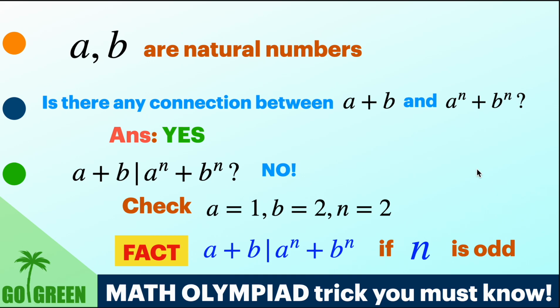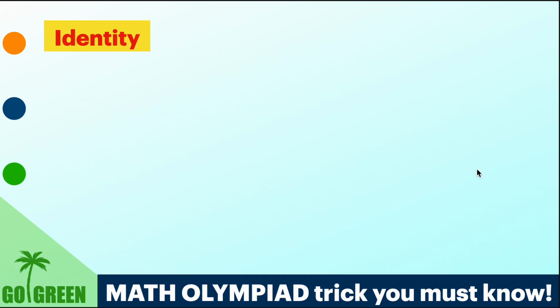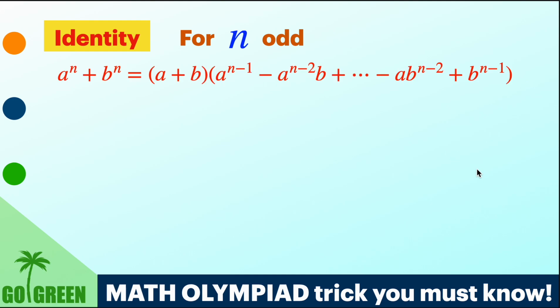Why is that so? This follows from an identity. We have seen this on my channel, but we are recalling it again. The identity is true for all odd n: A to the n plus B to the n equals A plus B times this factor. The proof is simply to multiply A plus B by this factor, and this identity is not valid for n even.